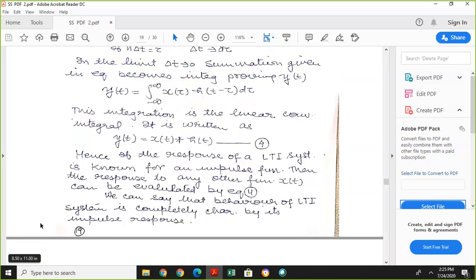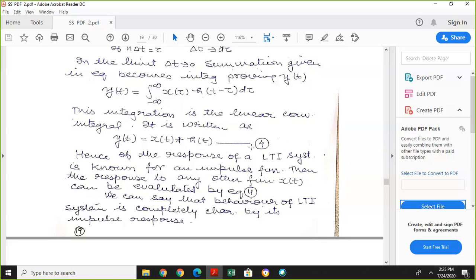Meaning of convolution: if the response of an LTI system is known for an impulse function, then the response to any other function x of t can be calculated by equation 4. ये कह रहे हैं कि अगर किसी भी LTI सिस्टम पे तुमने इनपुट दिया इम्पल्स फंक्शन, और तुम्हें इसका रिस्पॉन्स मालूम है कि ये है h of t. What is the response of the LTI system for given impulse response?